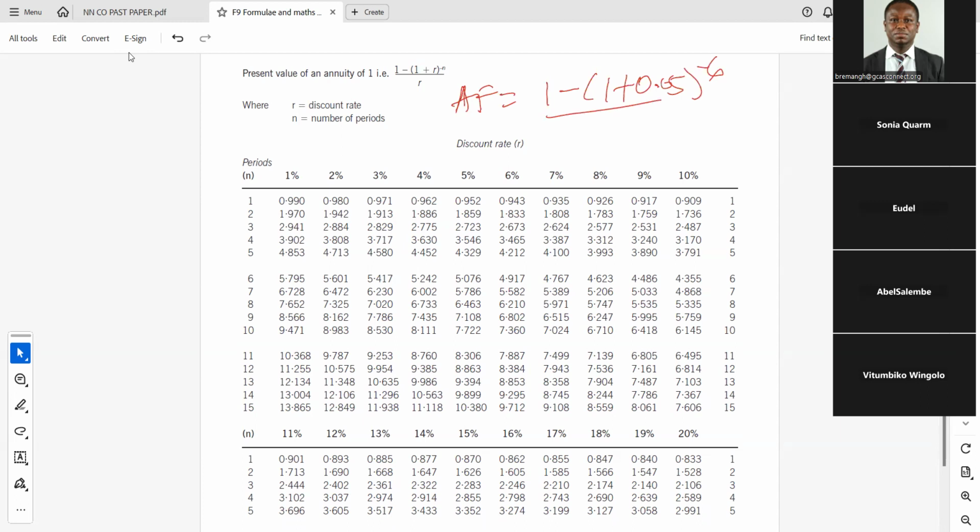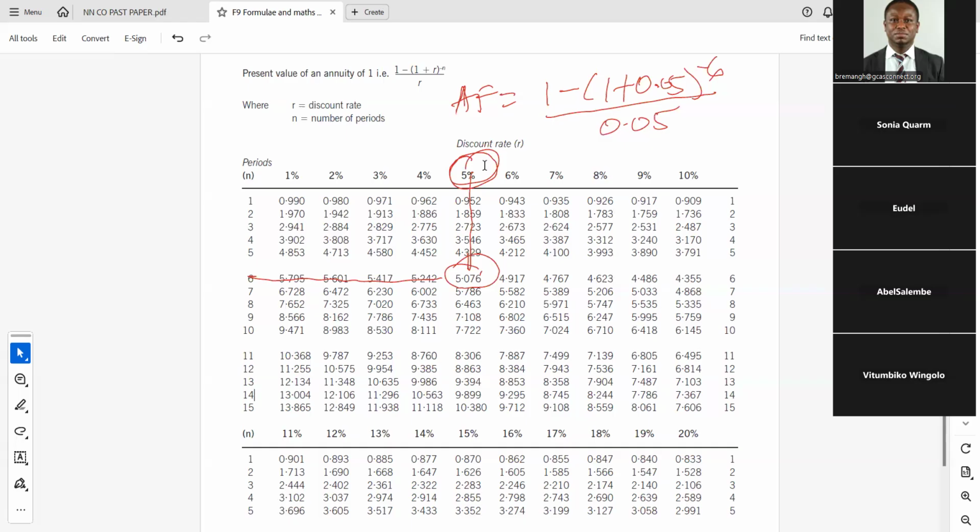So minus 6 all over 0.05. You will get the same answer. But here we are talking about 5% for 6 years. So the answer is 5.076. Are you okay as to how I got the annuity factor?